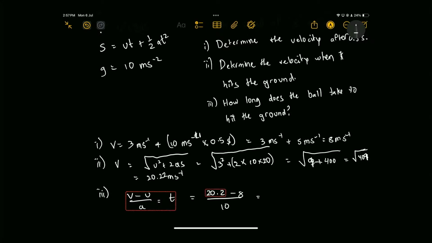So this is 12.22 over 10, so this would be equal to 1.22 seconds.